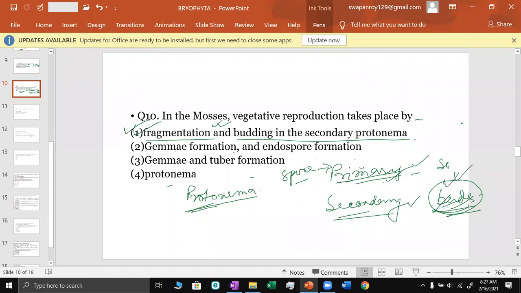In liverwort or other plants, from one spore, one plant. But in case of mosses, from one spore, many plants, because a spore does not directly grow into a gametophytic plant. It first gives the branched protonema.